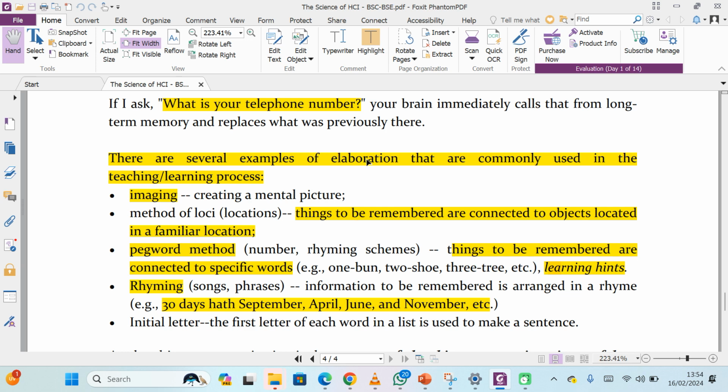There are several examples of elaboration that are commonly used in the teaching and learning process. So in this, with long-term memory, it's very good to ensure that information is being moved from the short-term memory into the long-term memory. And you can remember that when you see images, images are quite memorable.